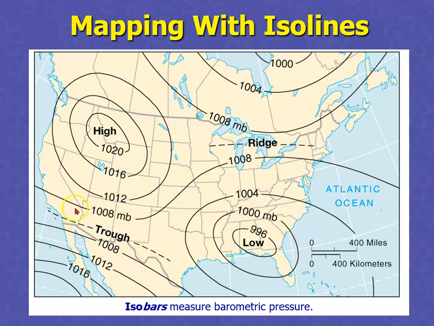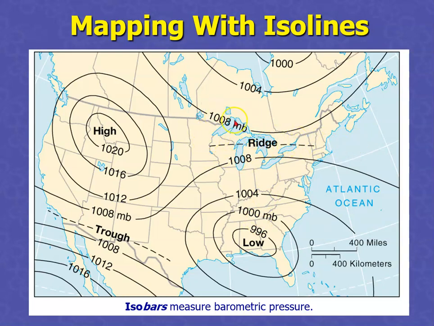Take this, for example. If we look at this area through here, in all directions, it's an area of increasing air pressure. So this is a band, it's called a trough. It's a trough of low pressure. And over here, it's the same number. It's about 1,008. This is about 1,008, but if you go away from it, air pressure decreases. So this is an area of high pressure through here.